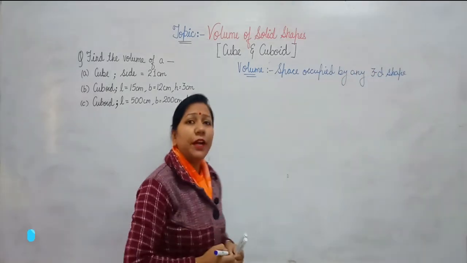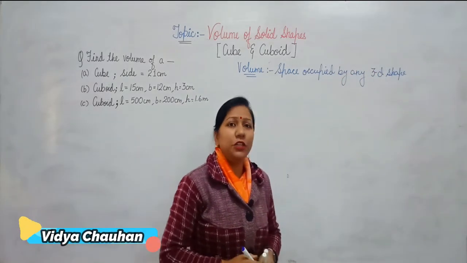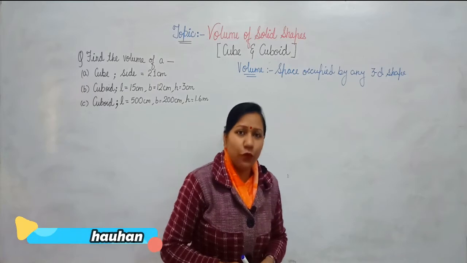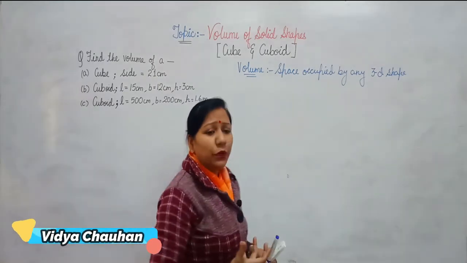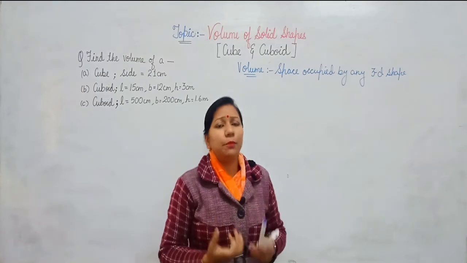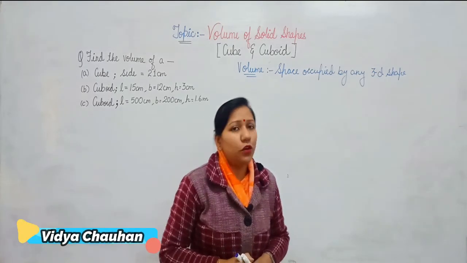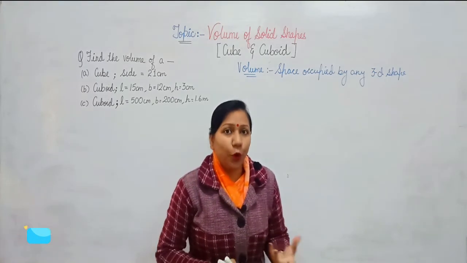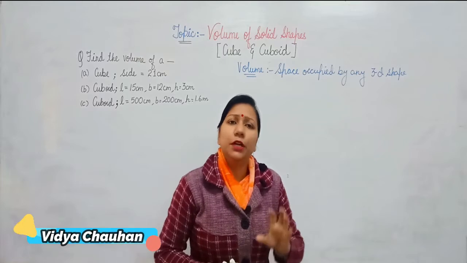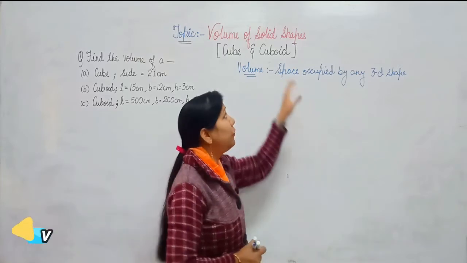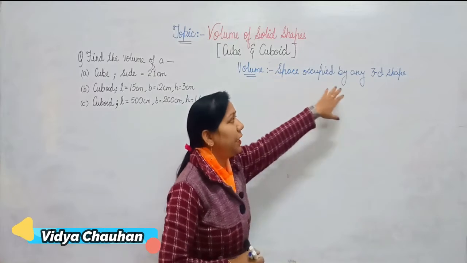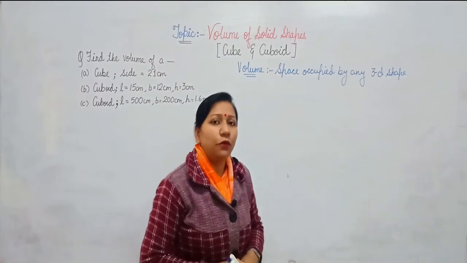So the space occupied by a 3D shape is called its volume. If I take a pencil box or a ball which is spherical in shape, the space inside that shape is called the volume. The space occupied by any 3D shape is called its volume.